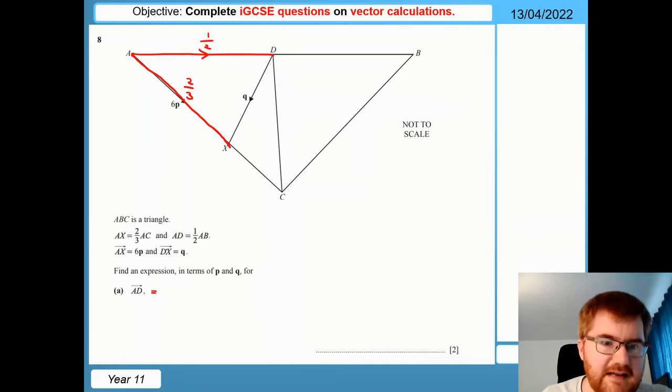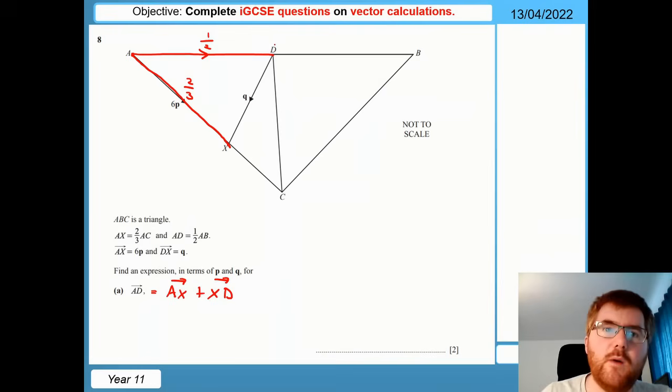So I'm going to write that AD is the same as going from A to X, using the same notation with the arrow indicating what direction I'm going, plus the vector XD, going from X to D, taking the long way round, as it were. Now the vector AX, we're told in the question, is equal to 6P.